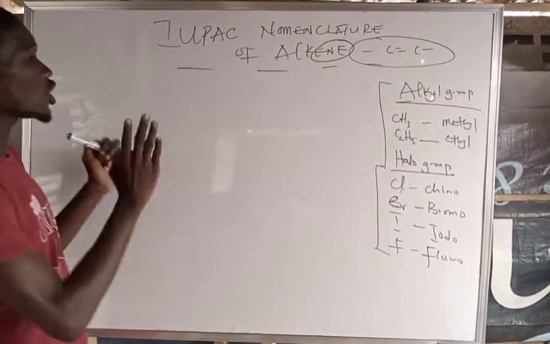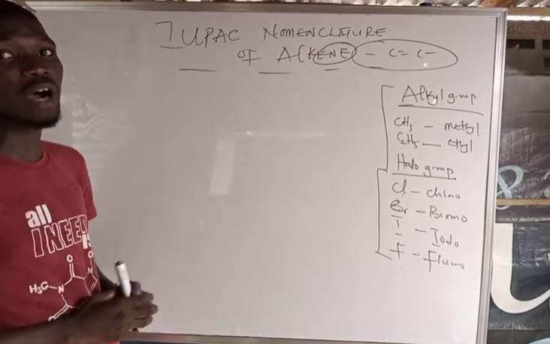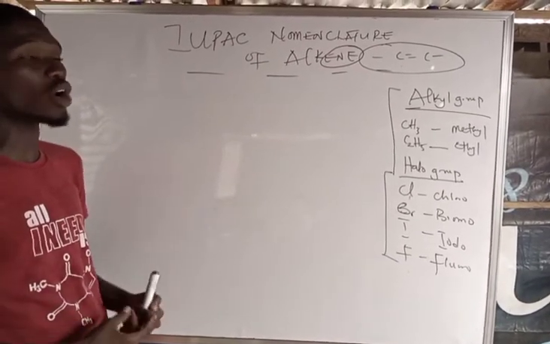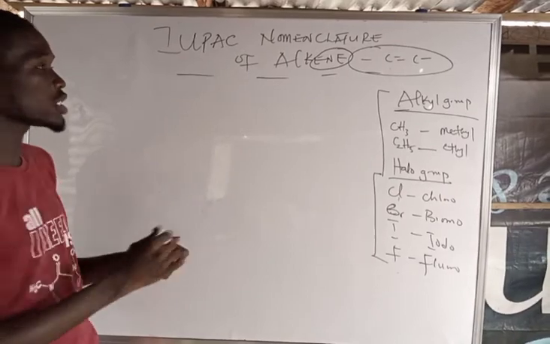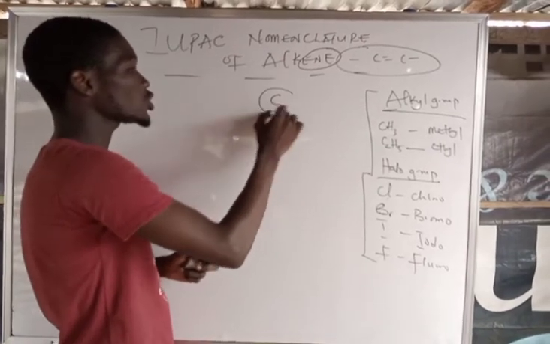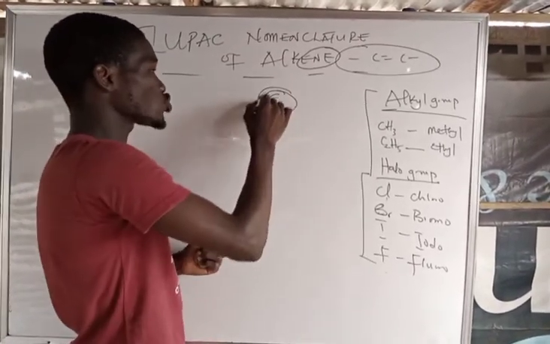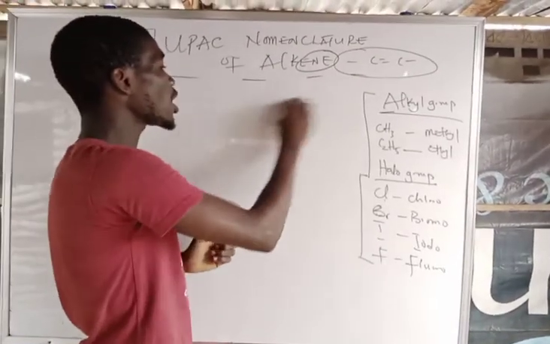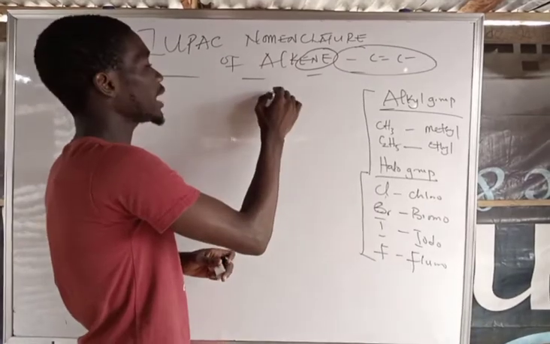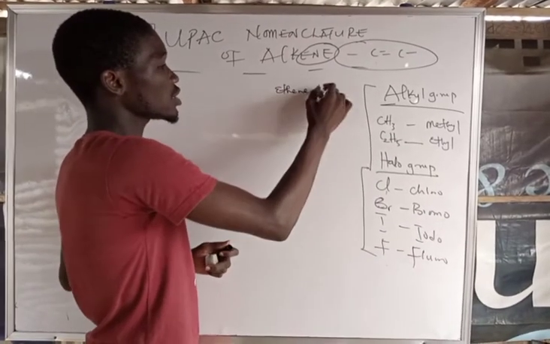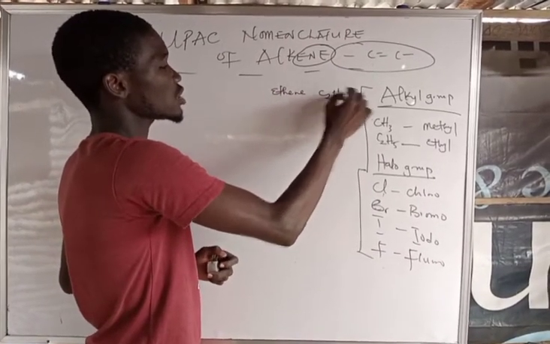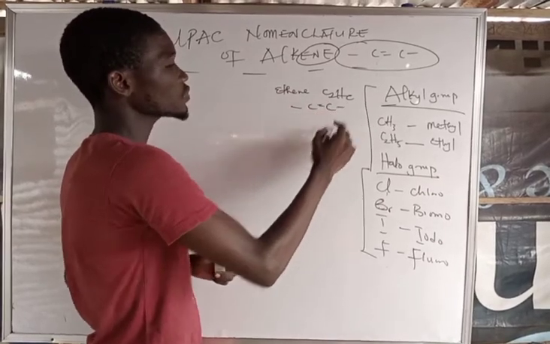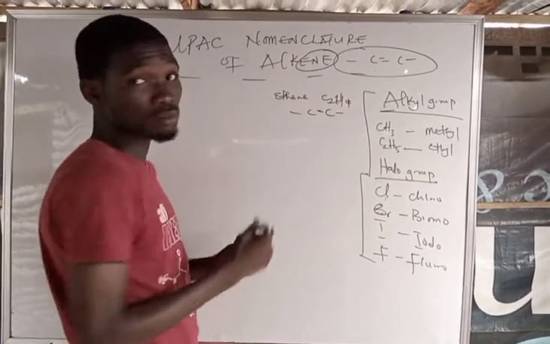Don't forget that under the alkenes, the first member is ethene. Why? Because the first carbon atom alone cannot contain a double bond. So the first member of alkene is ethene, C2H4.